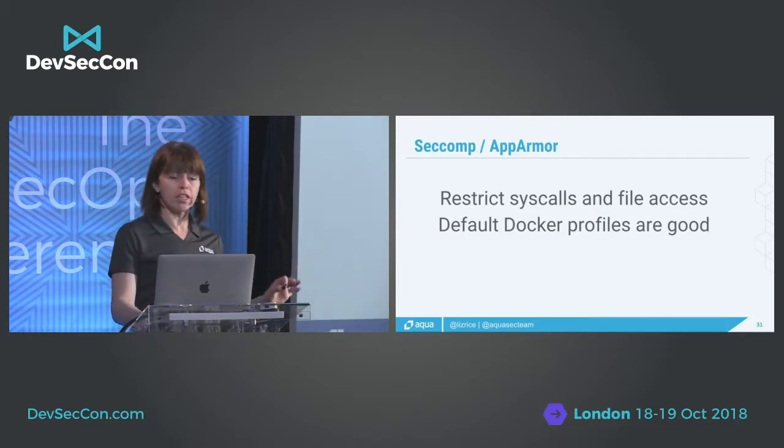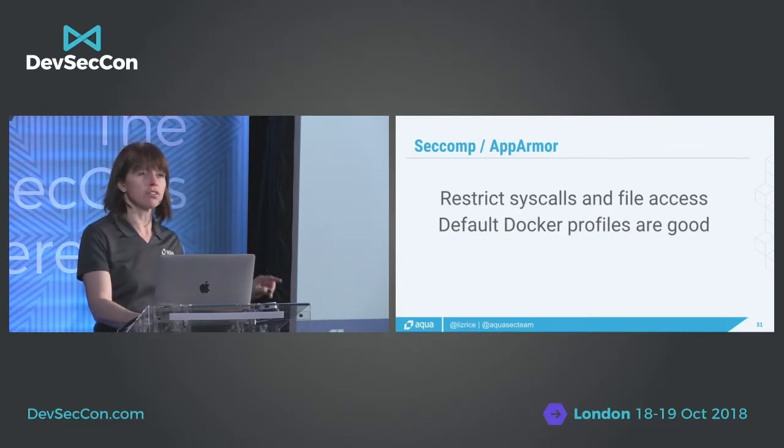Jess Frazelle did a really great job of defining a default seccomp profile that restricts the system calls that containers can use to a very sensible set of defaults that allow 99.whatever% of containers to operate as expected, but prevent some crazy things that no container really has any business doing.